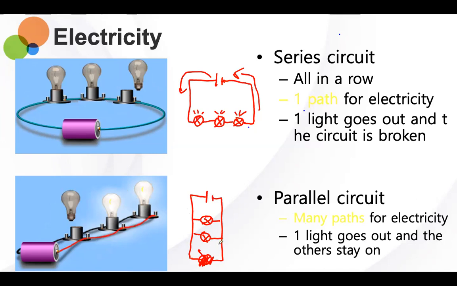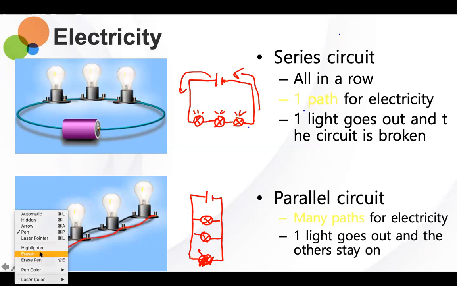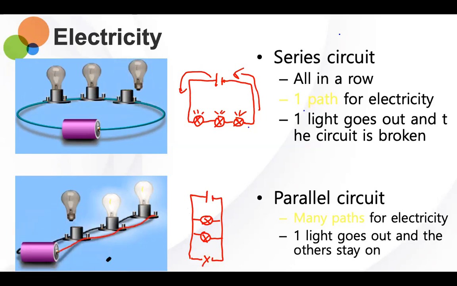So how many paths of electricity? Let me just add this back. Now tell me, how many paths of electricity are there currently in this circuit? Sir, 3. Right, so there are three paths for electricity.